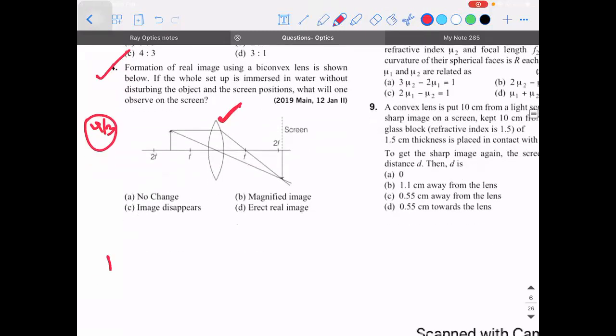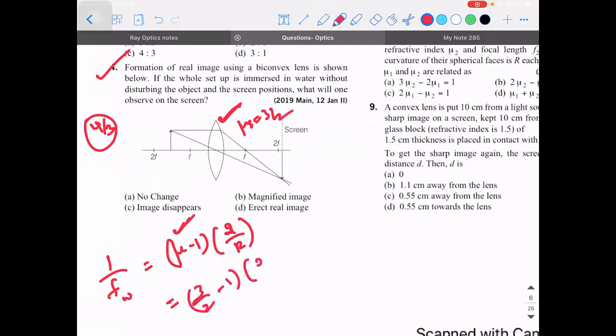So 1 by f in water is equal to mu minus 1 into 2 by R. The refractive index of the lens, if it is made up of glass, is 3/2. So 3/2 minus 1 into 2 divided by R. Cancel it.